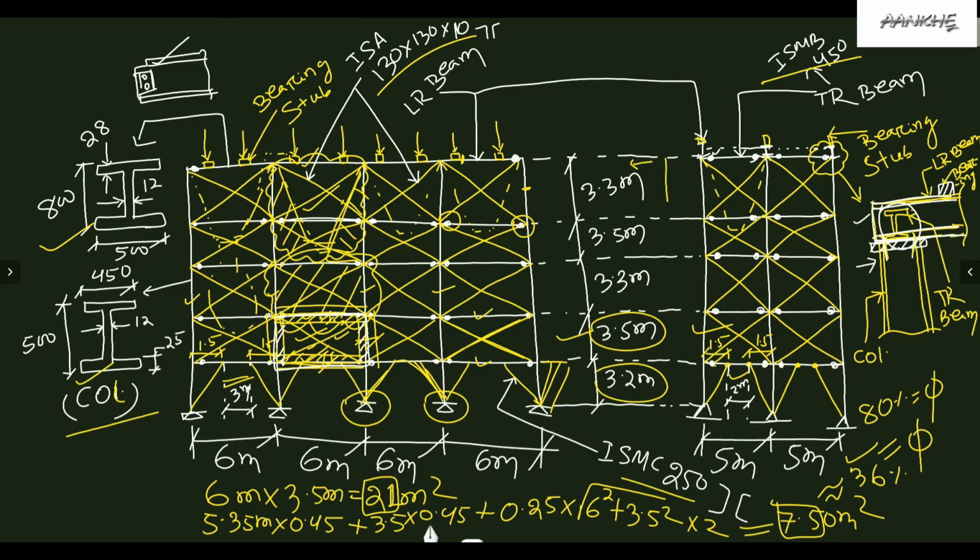So here we find two cases. One is where phi is 80%, one is where phi is 36%. Obviously for 36% the load is higher.